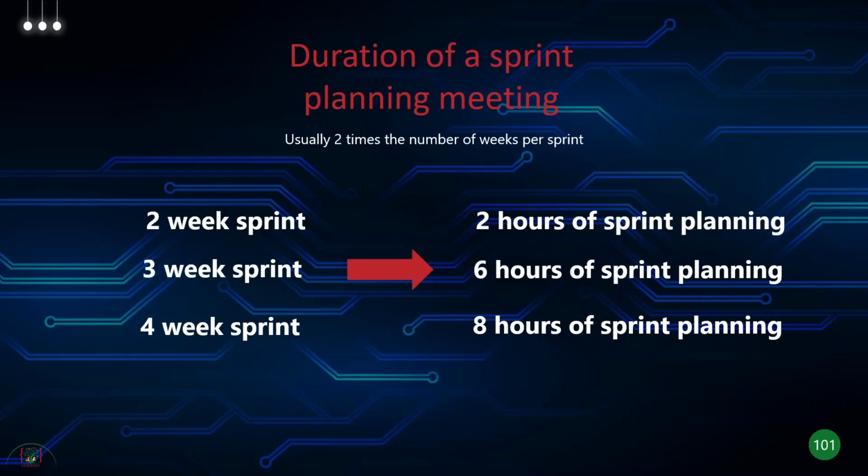You don't have to treat it as words from the Bible. No, it's an estimate, right? You go with it. If you feel that you don't need so much time, great. You can have a shorter sprint planning meeting, but it's best not to go beyond the time specified. It can bleed into your other sprint timelines.